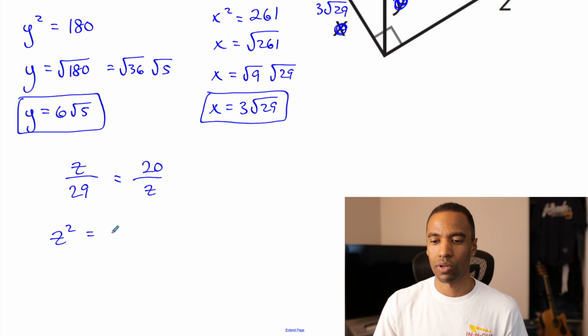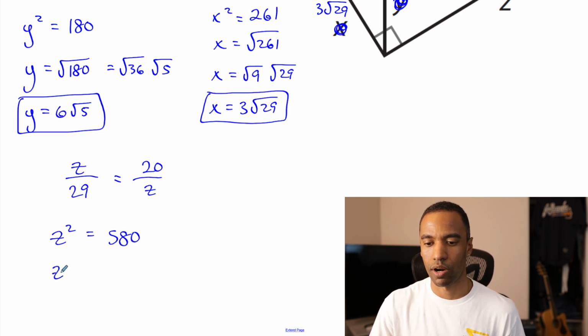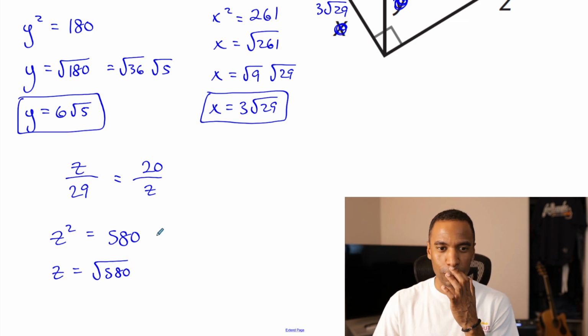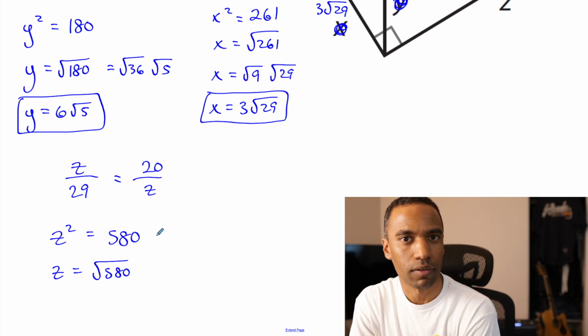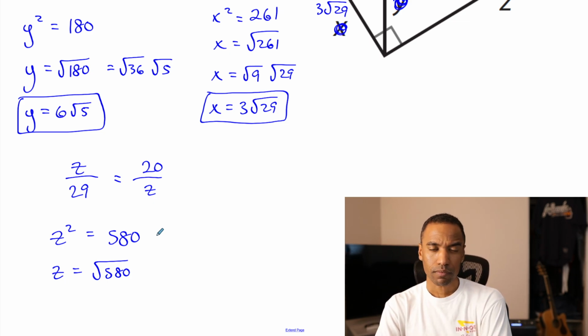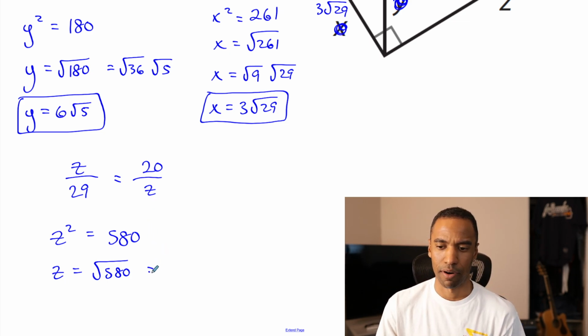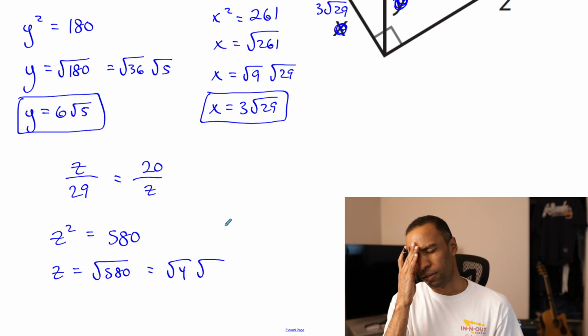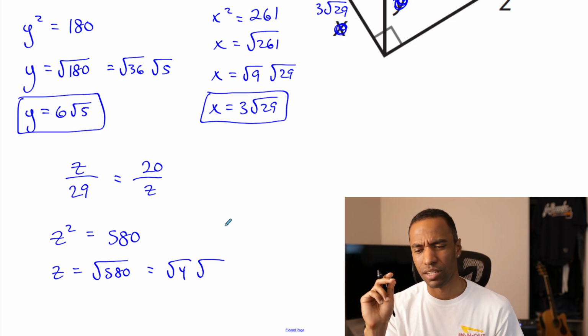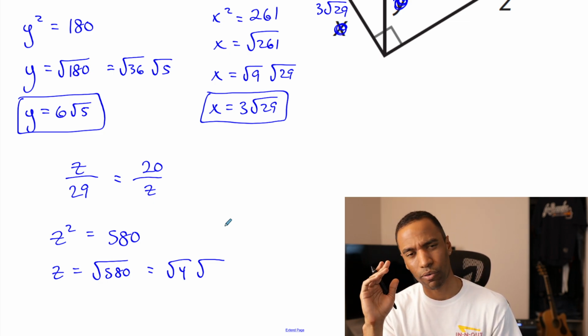Z squared equals, I think that's 580, and take the square root of both sides there. See, I'm doing this for the first time with you, so it takes a while to think about simplifying these things. I can definitely divide this by 4. I'll try and get something else after that from there. So if I divide by 4, guys, I get 145.